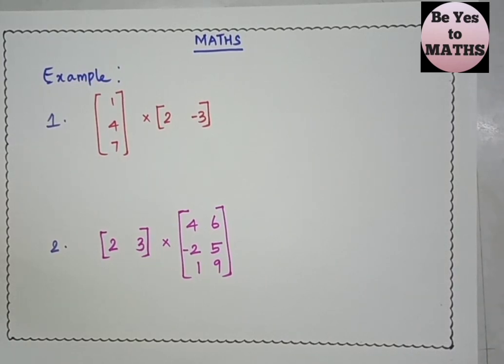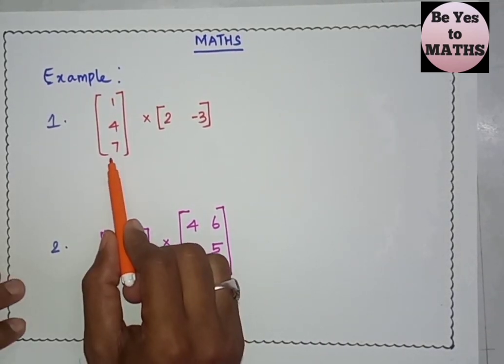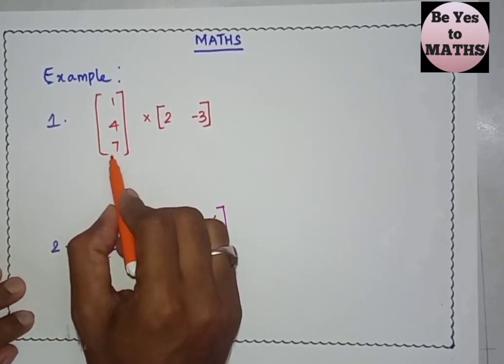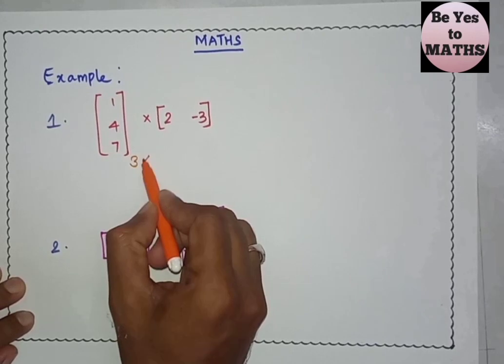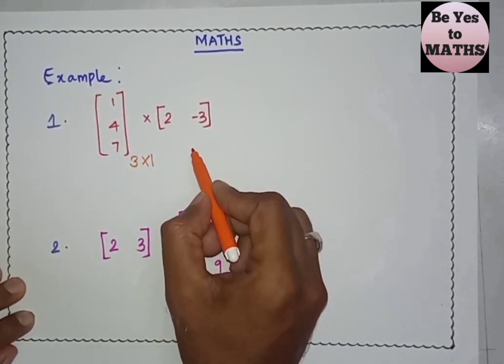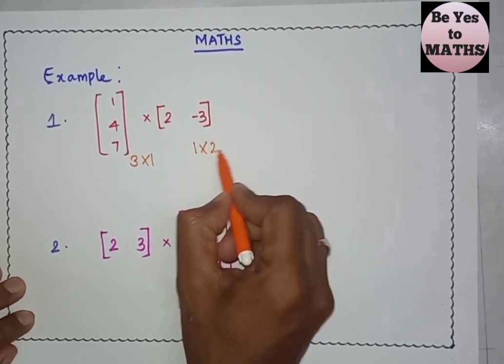Here I will explain this with two examples. The first example: the order of the first matrix is 3 by 1. The order of the second matrix is 1 by 2.